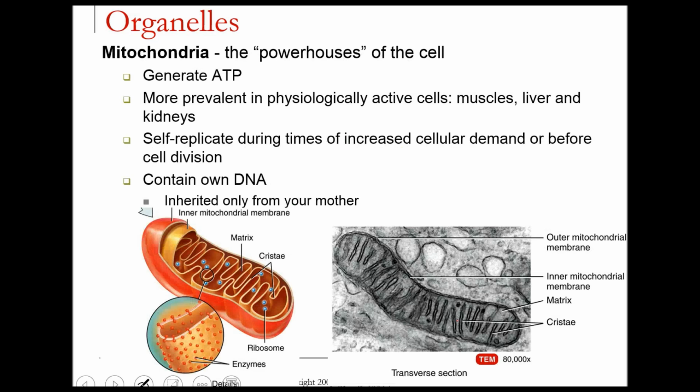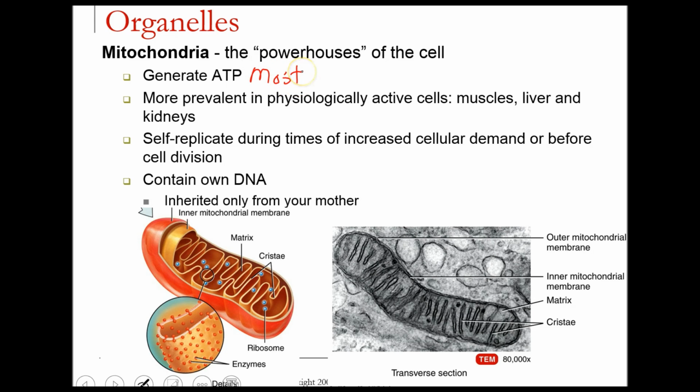Mitochondria. Mitochondria are very important membrane-bound organelles. In fact, they have two membranes, an outer smooth membrane and an inner highly folded mitochondrial membrane. Mitochondria are often called the powerhouses of the cell, and they are responsible for generating most ATP energy.